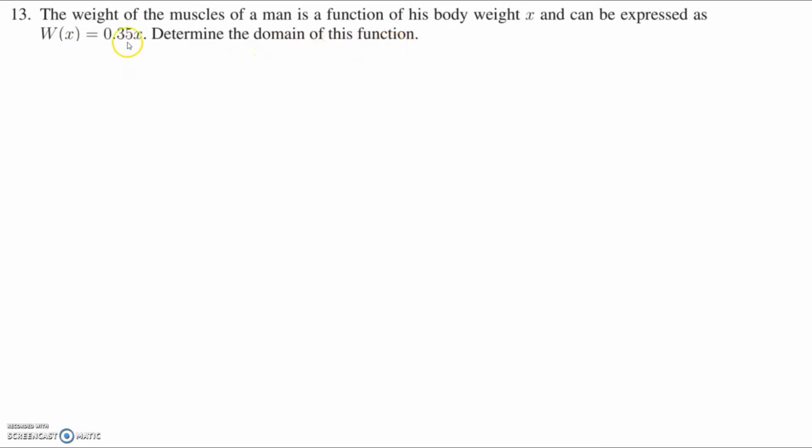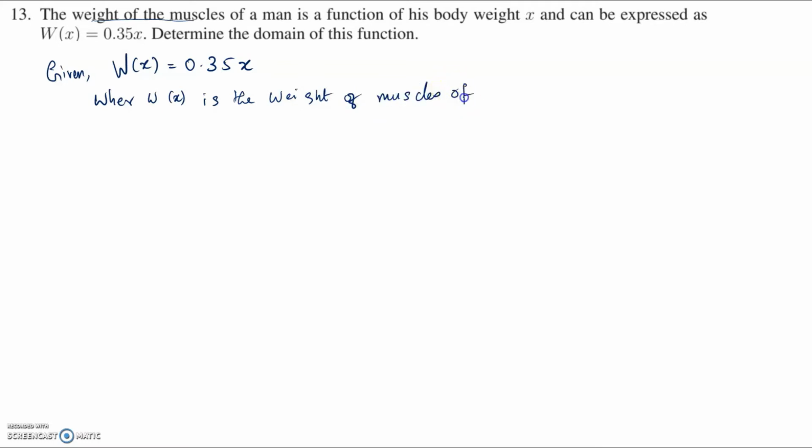So given to us, W of x is equal to 0.35x, where W of x is the weight of muscles of a man with body weight x.